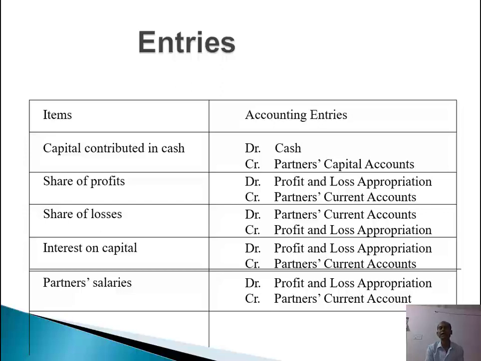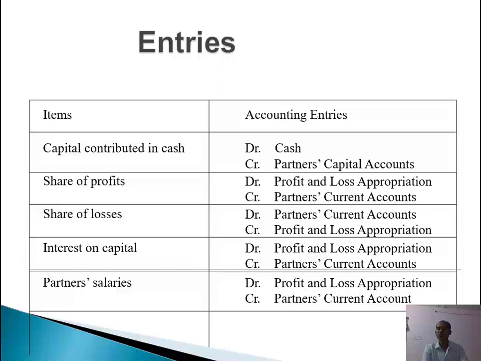When the capital is brought in the form of cash, this is the entry. Cash account debit to A capital account, B capital account, C capital account, like that, P capital account, Q capital account, R capital account. So names should be mentioned because it is a partnership firm.